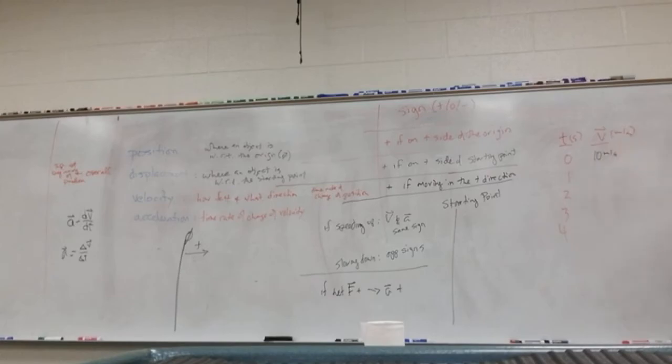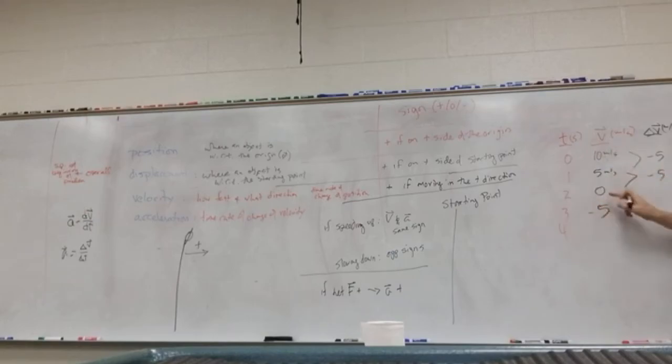You know, not world record pace, but close to it. And then I slow down and then I'm going 5 meters per second. So from here to here, what's my change in velocity? Then 0, so what's again my change in velocity?